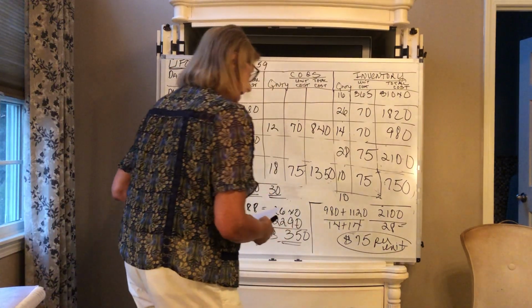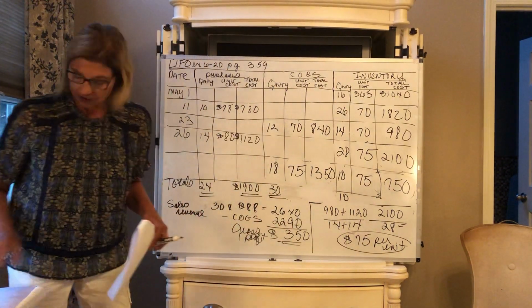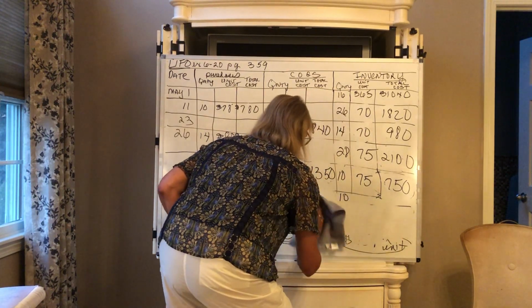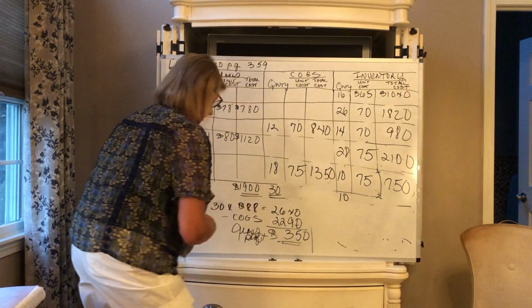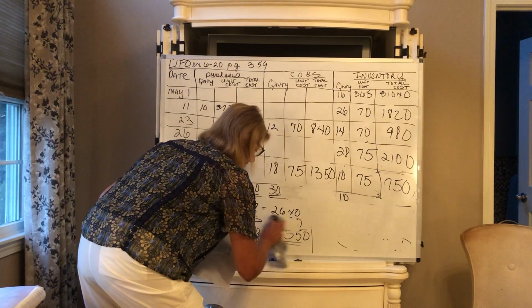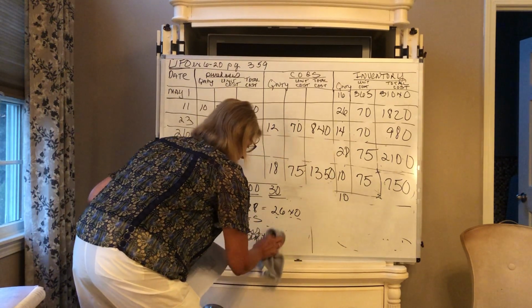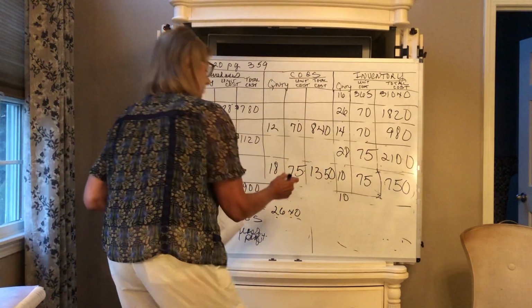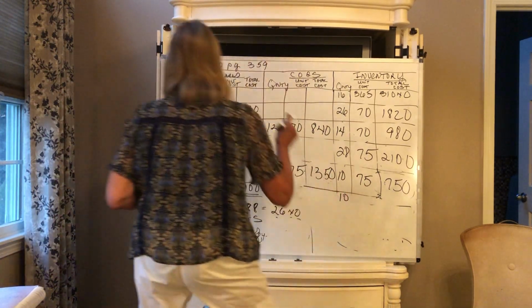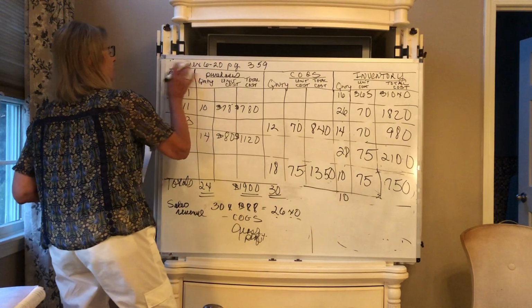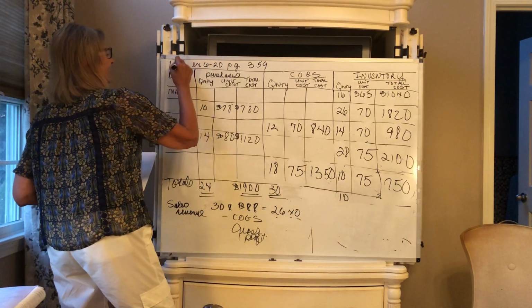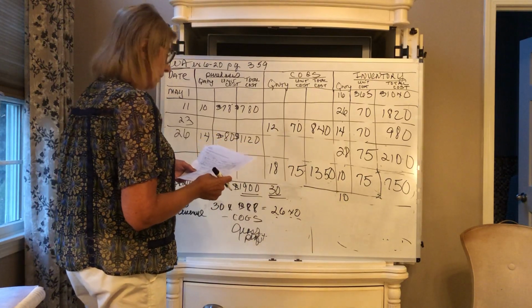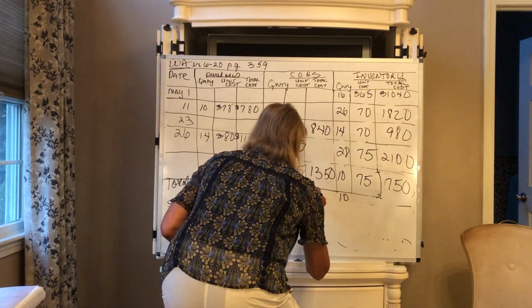Ending inventory, I have no place to put it, so let me get my cost of goods sold changed. Okay, so cost of goods sold with weighted average, let me change this to WA. Cost of goods sold would be $2,190 if you add this up.